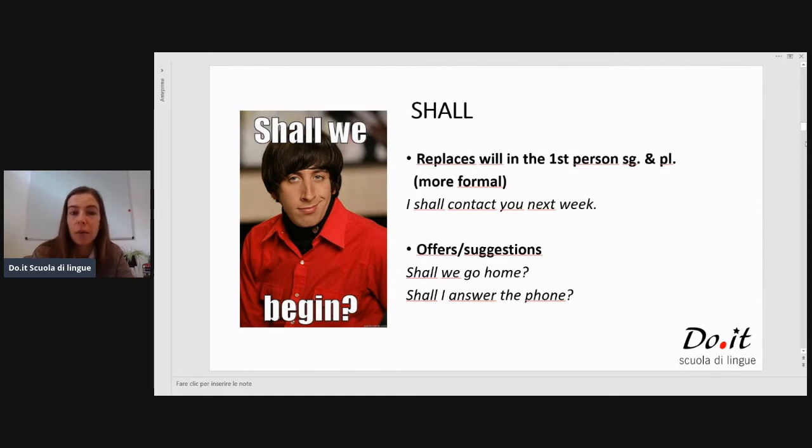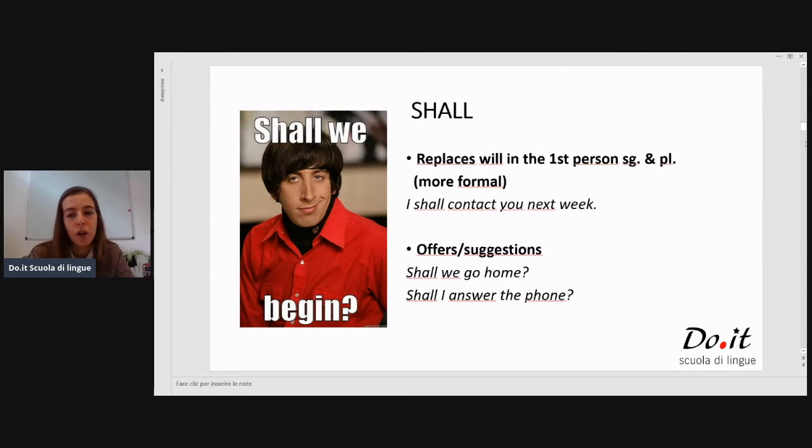So if we want to use it to replace will, it can only be used with the first persons, I and we. Right? If we want to use it instead of will. For example, I shall contact you next week.